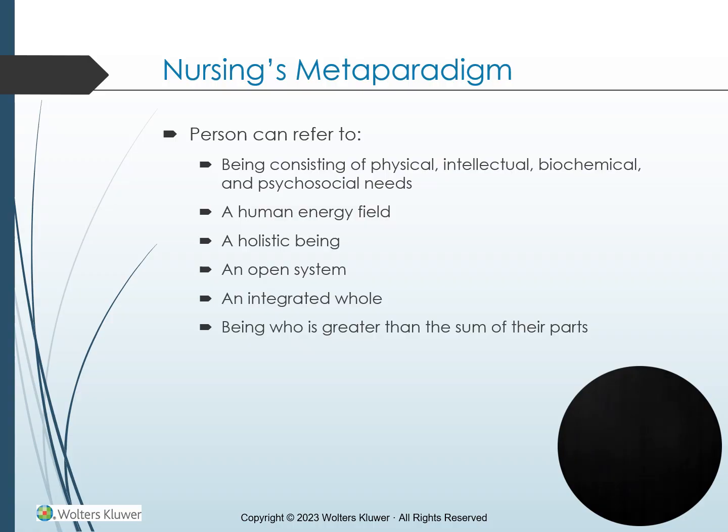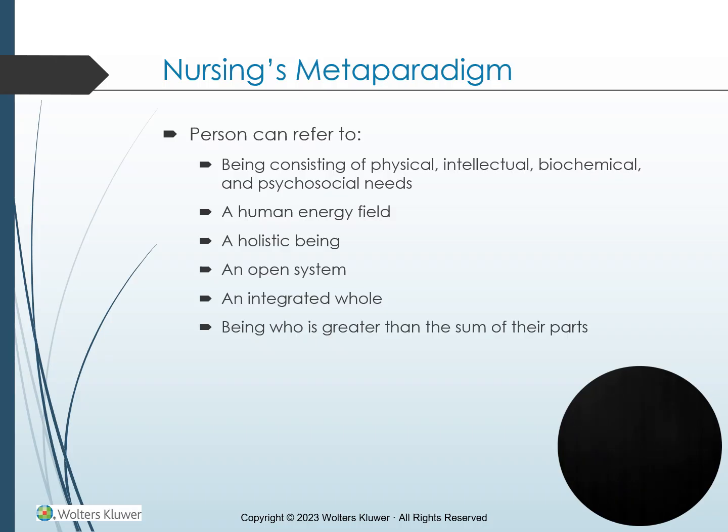And as we mentioned earlier in the lecture, when you think about concepts, we have to define that concept because the definition can differ depending on the person, their background, their education, their knowledge base, their culture. So we have to make sure that we have clear definitions for each concept.